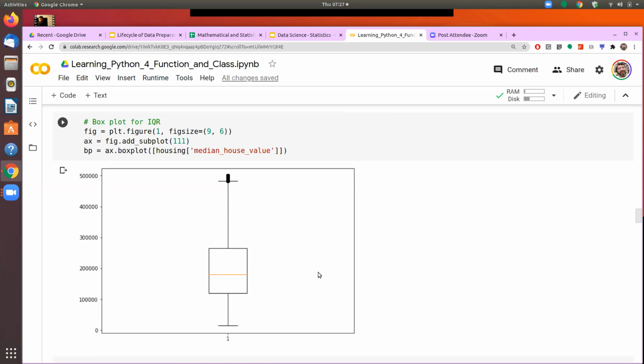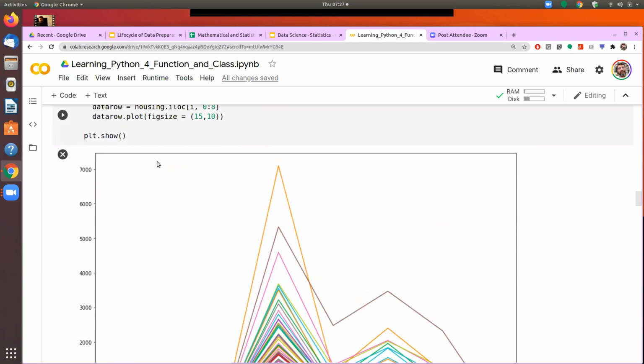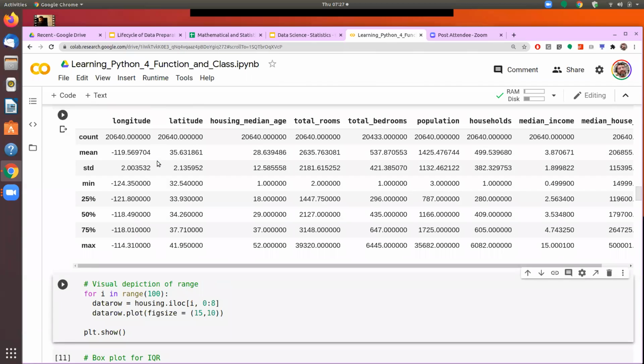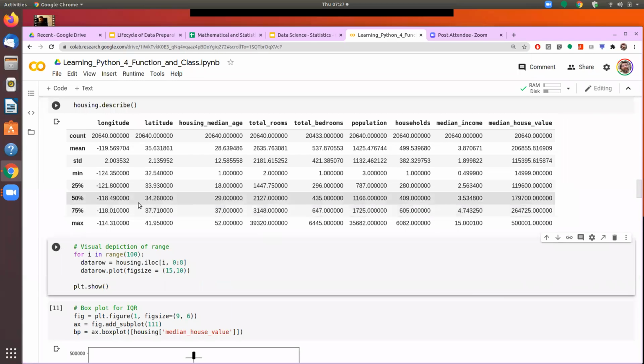So let's go back. I am trying to draw this for median house value. For the median house value, the mean is around 21,000, as shown here.